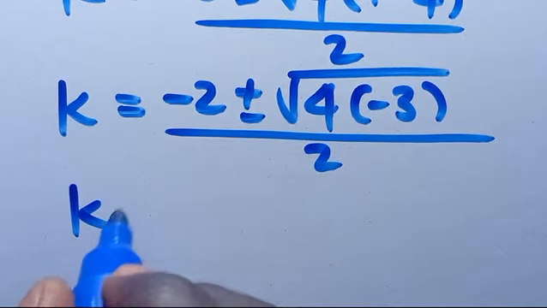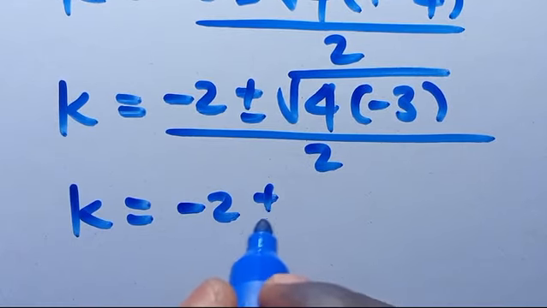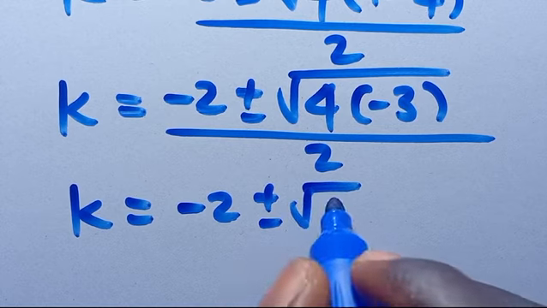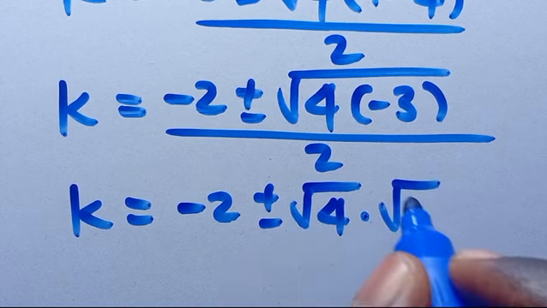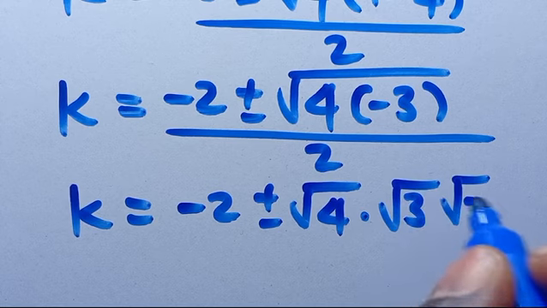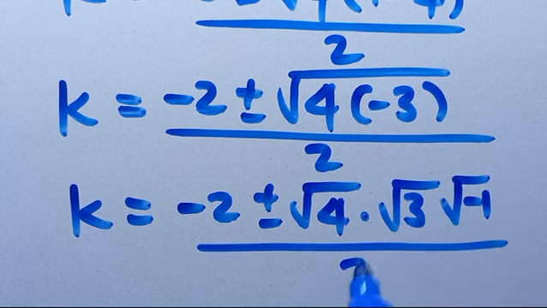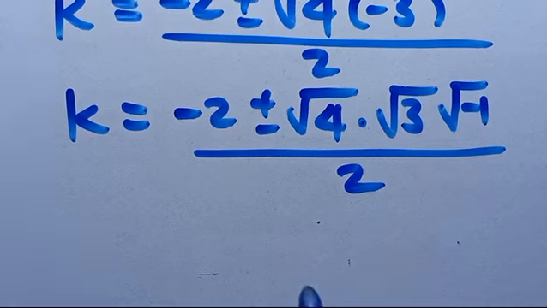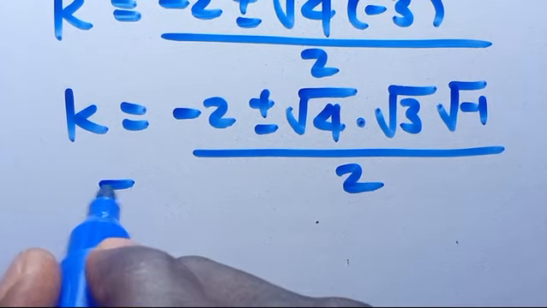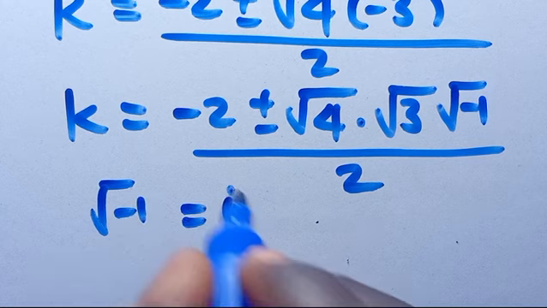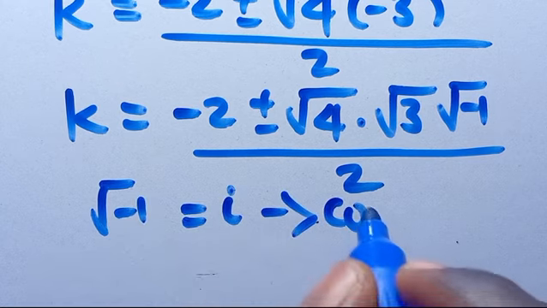Then we have minus 2 positive or negative root 4 times root 3 times root of minus 1, over 2. Then when you have this, root of minus 1 equals i in a complex number.